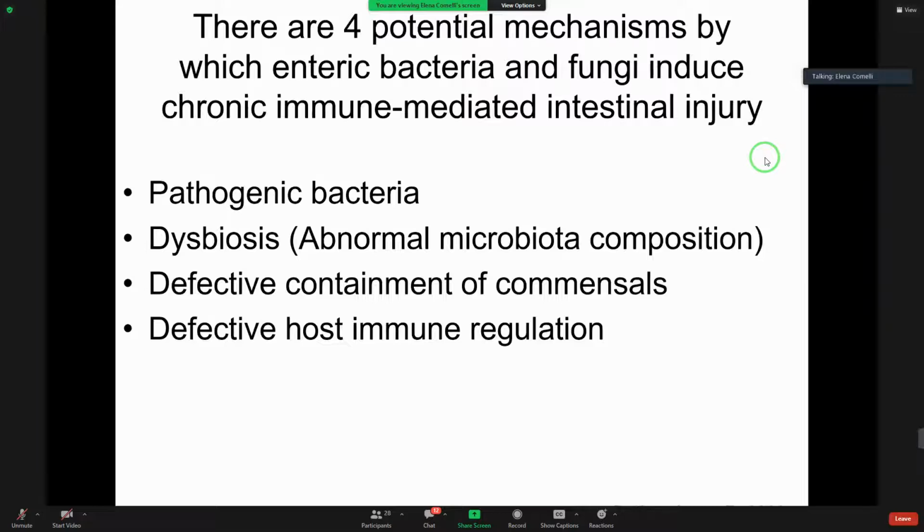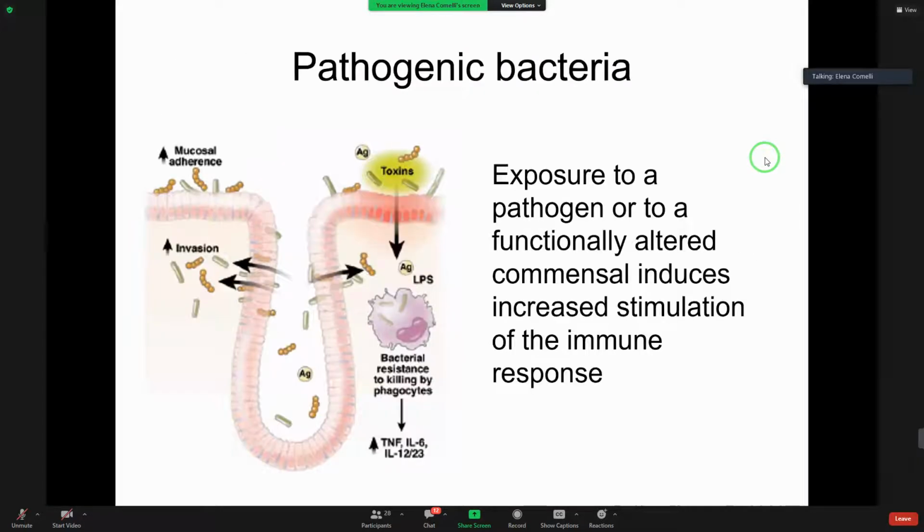Okay, so there are 4 essential routes. There could be a pathogenic infection, which is what we will discuss today. There could be a dysbiotic microbiota for many, many different reasons, some of which you have heard earlier from Dr. Baansma. There could be a defective containment of commensals and defective host immune regulation.